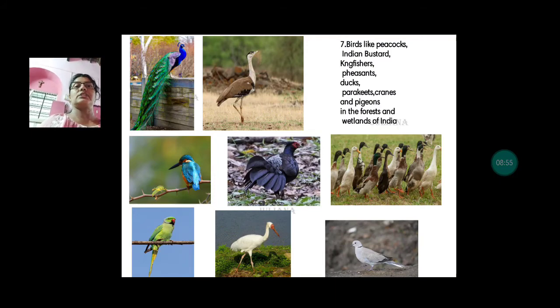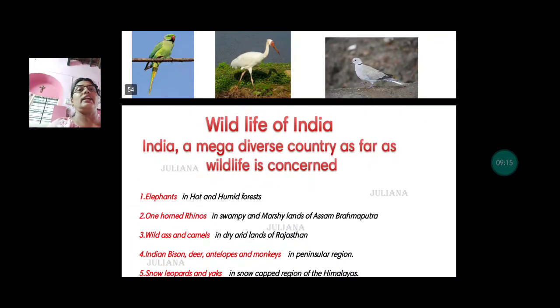Its bright blue color attracts everyone. Then the pheasants, the ducks, the parakeets, the Indian cranes, and the pigeons, which are found almost everywhere, in the forests and also in the wetlands of India.